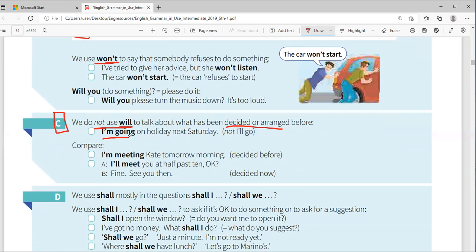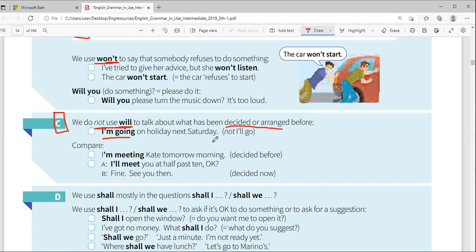I am doing this, because these are things that are planned. They are planned actions. Don't say I will. No, will is only for announcing our decisions. But I'm going to do this. These are things that you decided before. So don't use will for things that you decided.